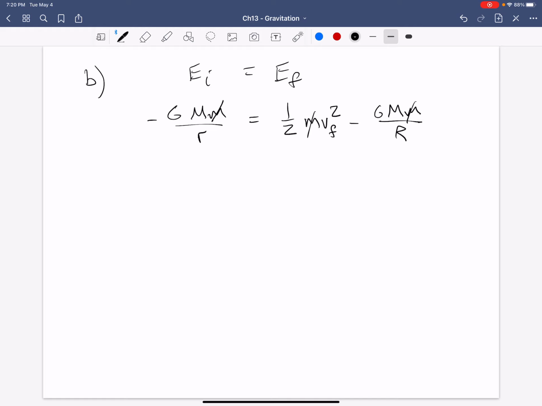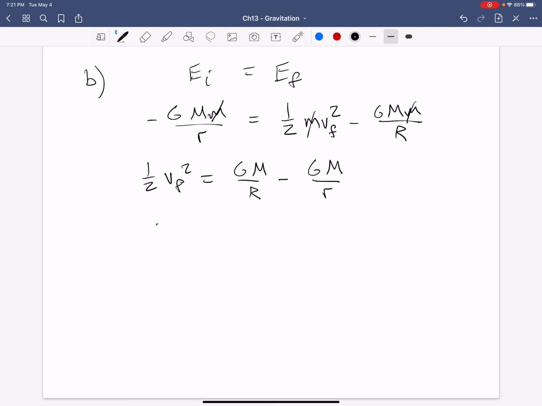So solving this for v, I'm going to change sides. 1/2 v final squared equals, taking this term to the other side, positive G M over capital R minus G M over lowercase r.